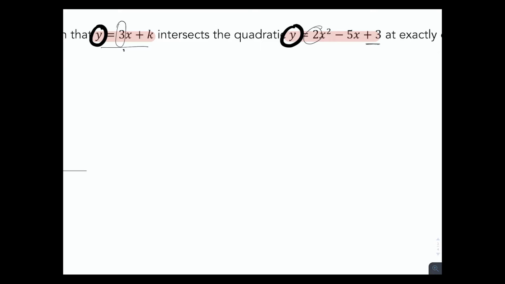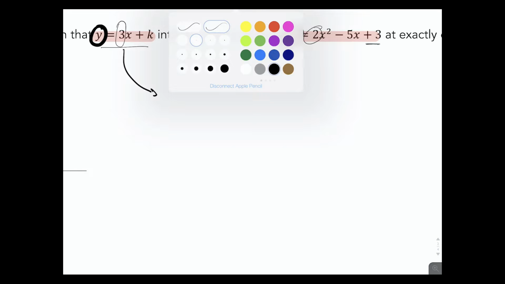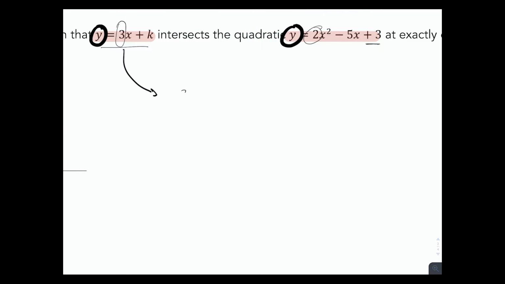I'm going to take this equation here and make it equal to this equation here, because they intersect, therefore their y values and their x at that point must be equal. But the question remains, what's going to make that true? Specifically, what value of k is going to make that true?